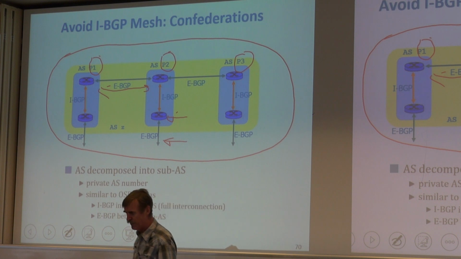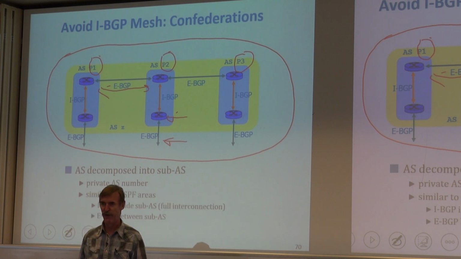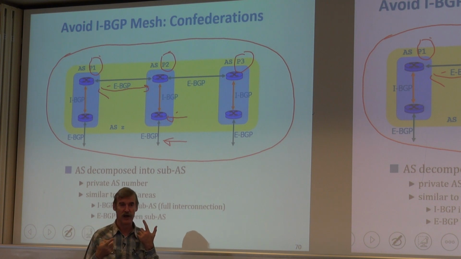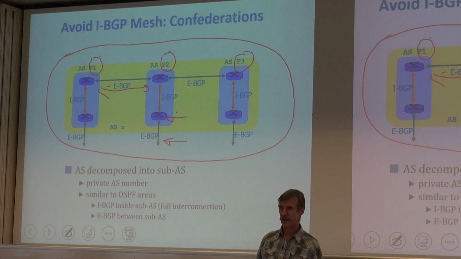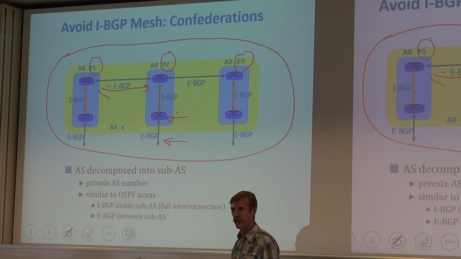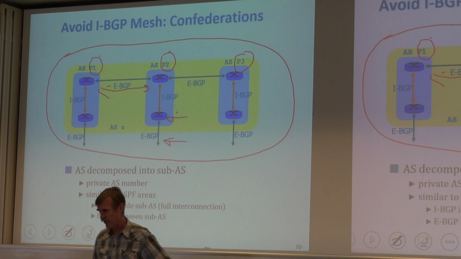And that easy trick solves everything. Right? So the only thing that's difficult is to understand what people are talking about. We will run E-BGP using private AS numbers inside a single domain. But other than that, it's business as usual.